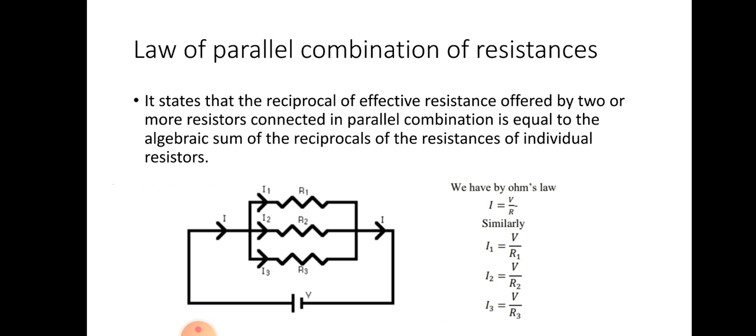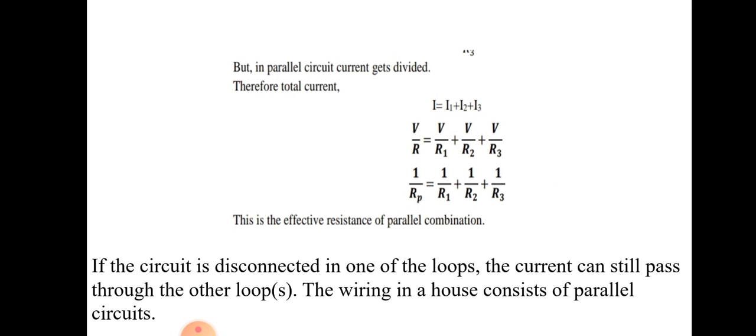For the second resistor, I2 is equal to V upon R2. And for the third resistor, I3 is equal to V upon R3. Okay, so in this way we found the values of current across each resistor.